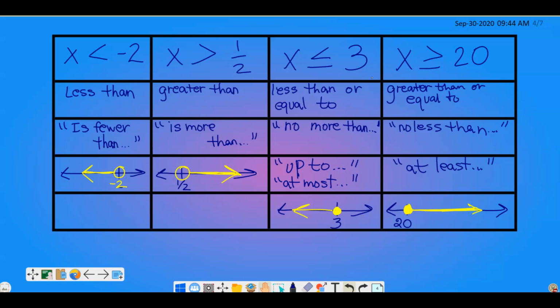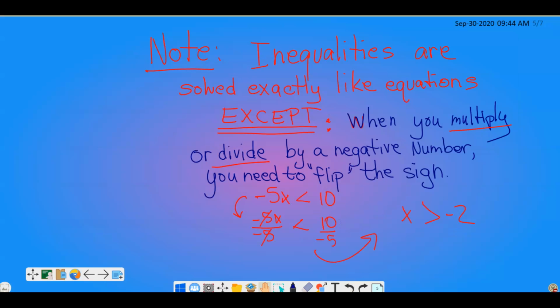And then you have your line pointing in the correct direction. So it's important to note that inequalities follow the same rules as equations. That is why we took so long to get used to equations.